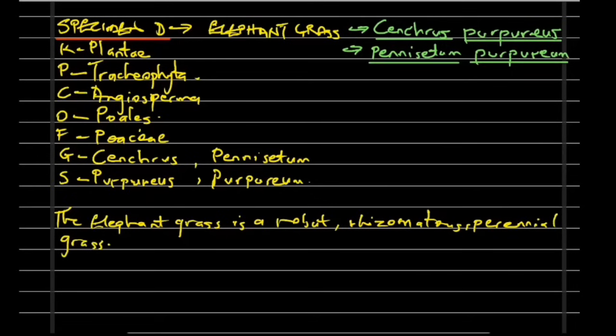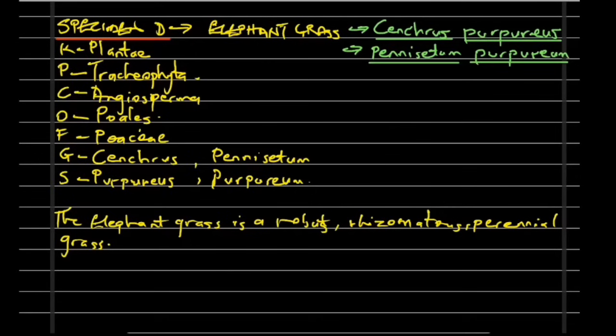Robust here means it is usually cultivated to be a big plant. It is a weed though, but it is cultivated to be a big weed, and then it has its own rhizomes, and it is cultivated as a perennial crop.